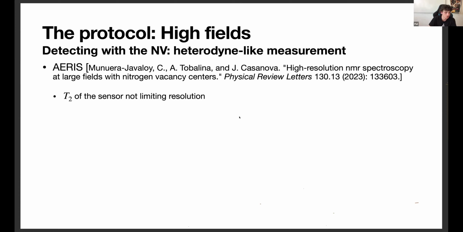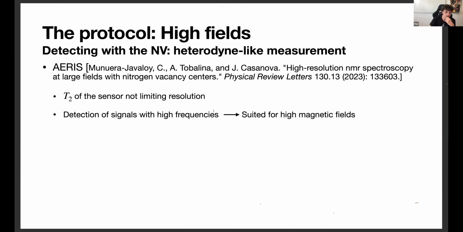Very shortly, this is only the measurement part of the sequence. Now I will introduce the whole sequence, but just very shortly, this type of measurement allows the protocol not to be limited by the T2 of the sensor, in the sense that it will not affect the resolution, no matter how short it is, which is called quantum heterodyne detection.